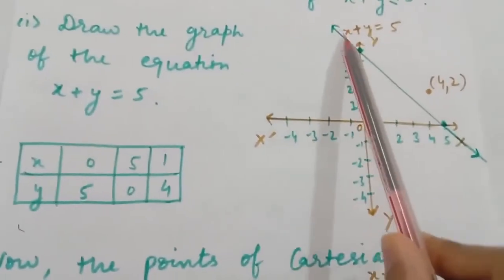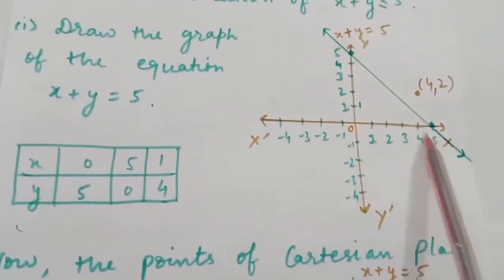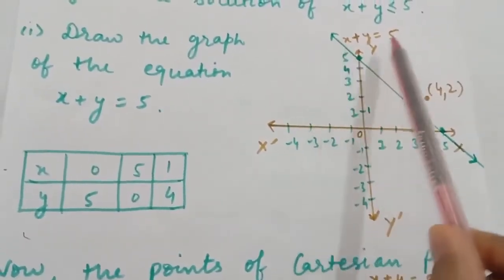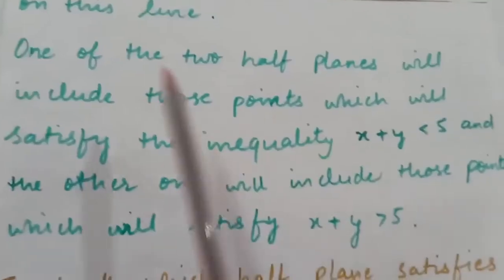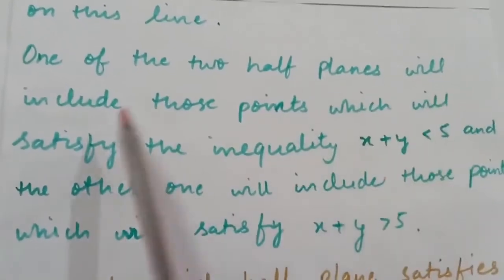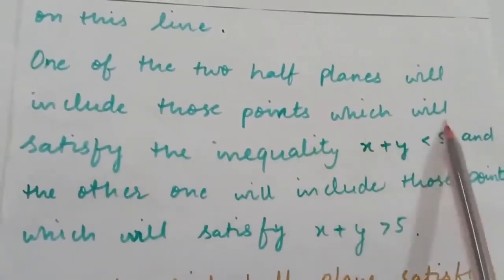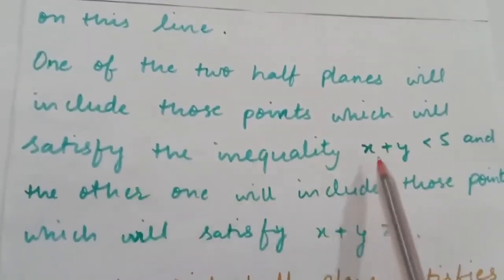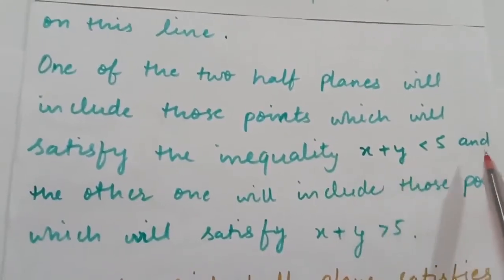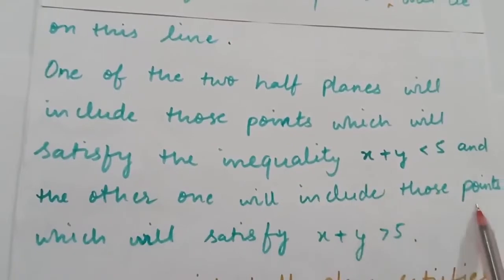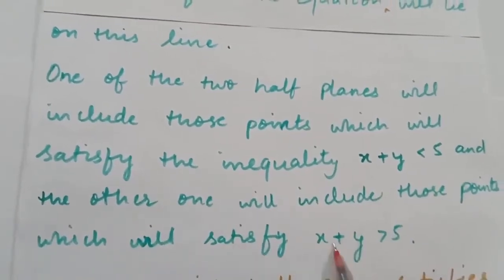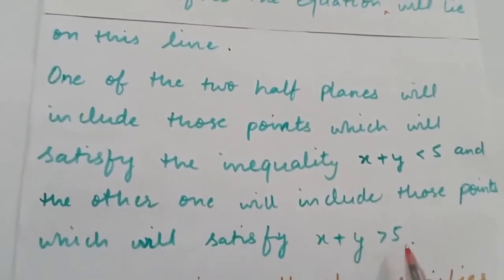One of the two half planes will include those points which satisfy the inequality x plus y less than 5, and the other one will include those points which satisfy x plus y greater than 5.